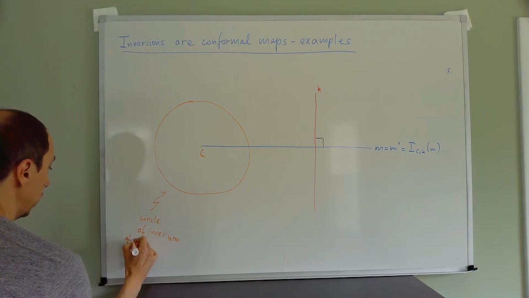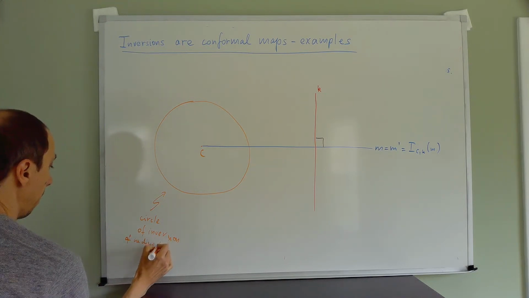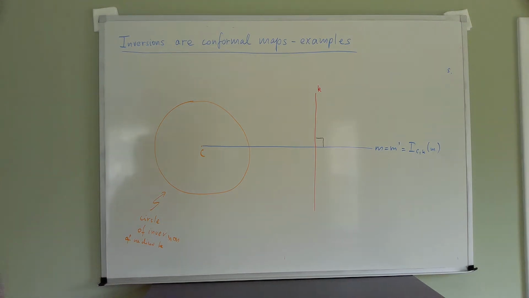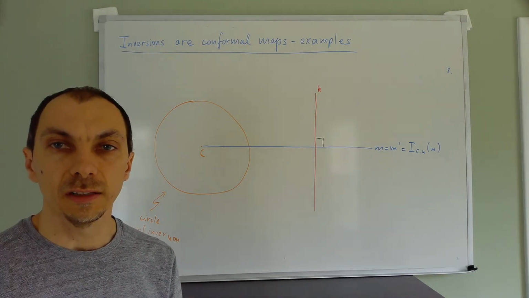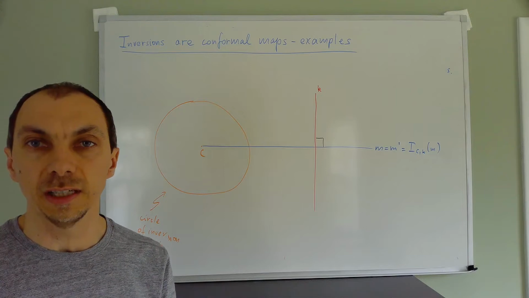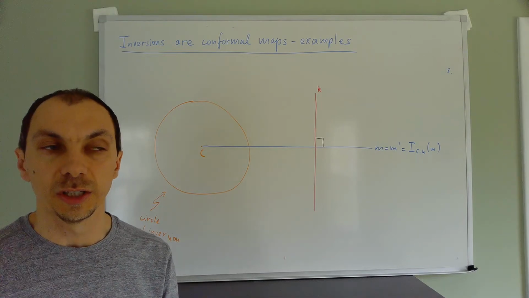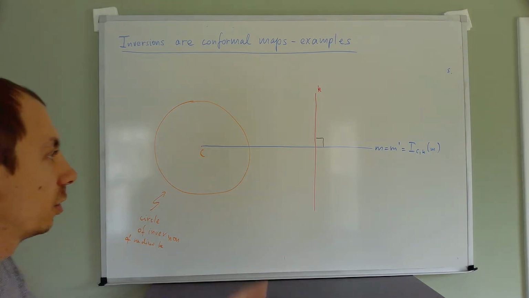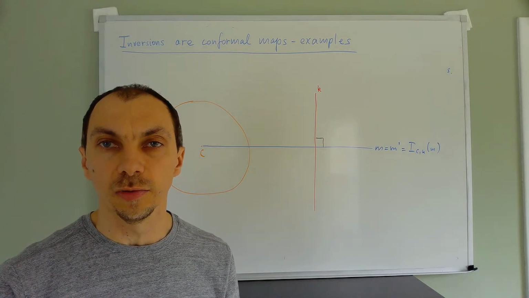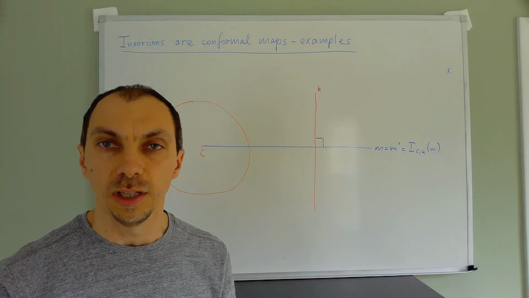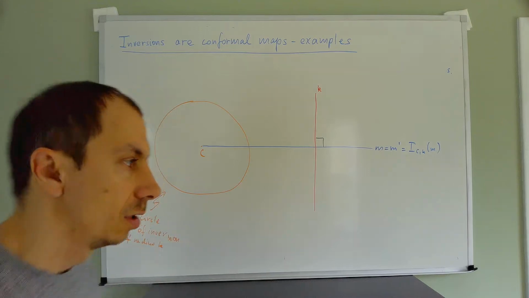So this is of radius K. However, what happens to the other line? We learned in the past few lectures how you can construct the images of lines under inversions. So first of all, this line K does not go through the origin, so I know the image of that line will be a circle.